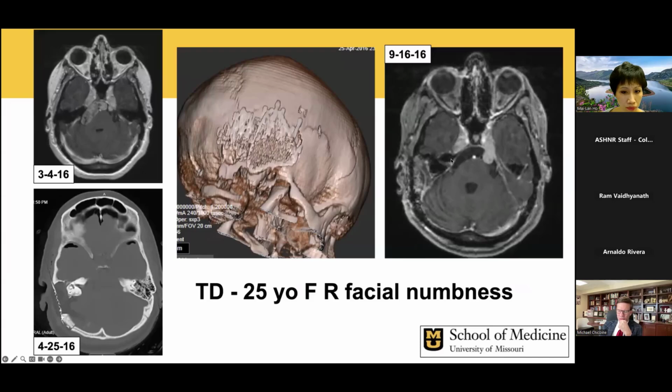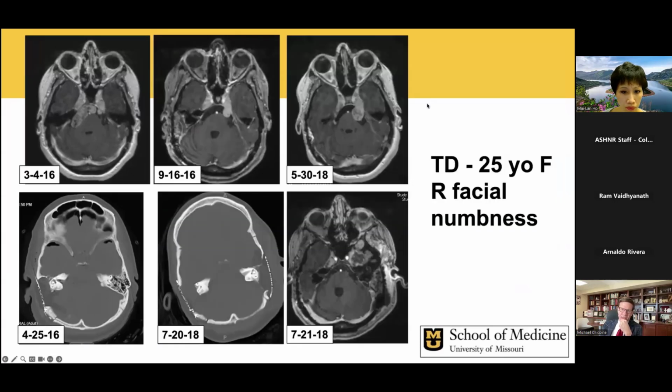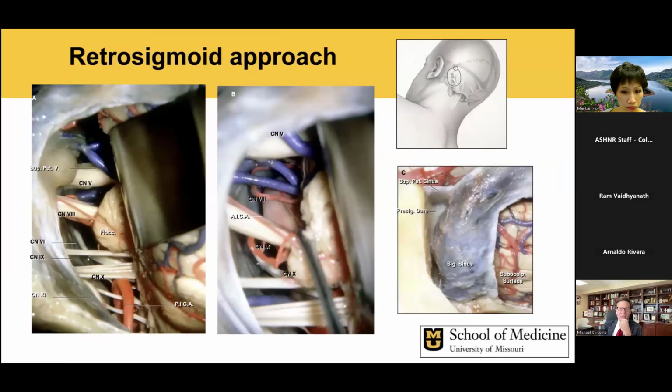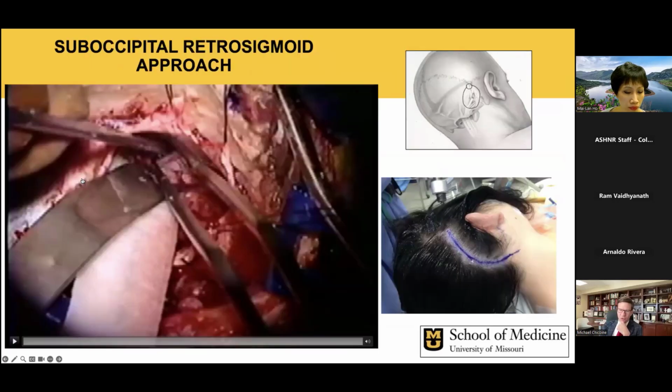And this is her initial post-op, and then that left-sided tumor grew, and then she had kind of a similar approach on the left side later. And so this is kind of a workhorse, in the CP angle, whether it's translab or retrosigmoid, working in that CSF space between the cerebellum and the temporal bone, and identifying and preserving those cranial nerves.